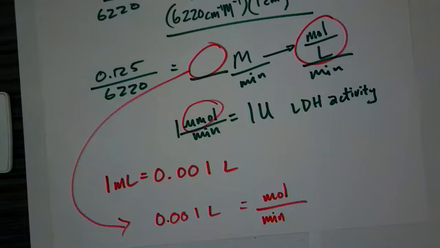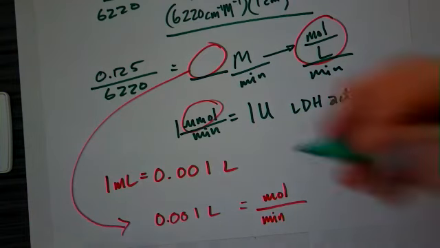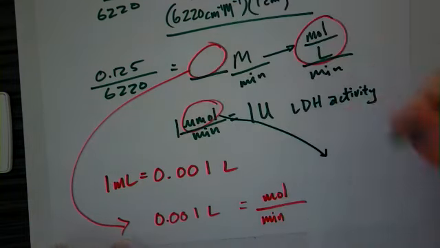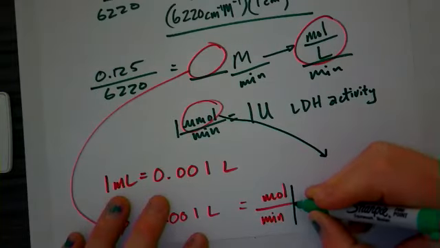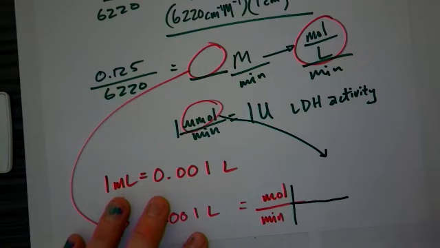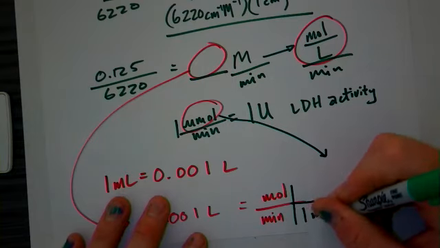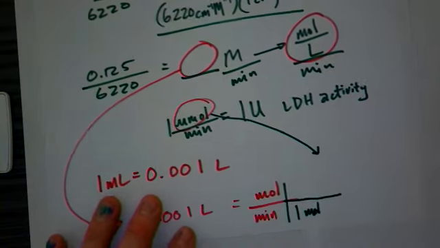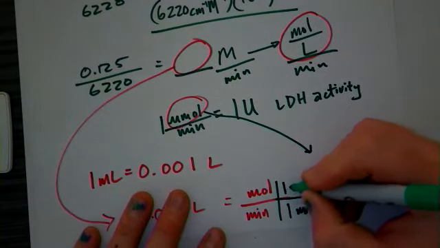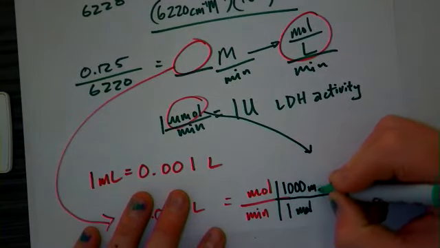For this reaction, yes, our total reaction volume is 1 milliliter. That's a great question. Okay. So then the next step is, well, how do we get it into micromoles per minute? Well, all that you have to do is harken back to Gen Chem 1 and say, in 1 mole, there are 1,000 millimoles.